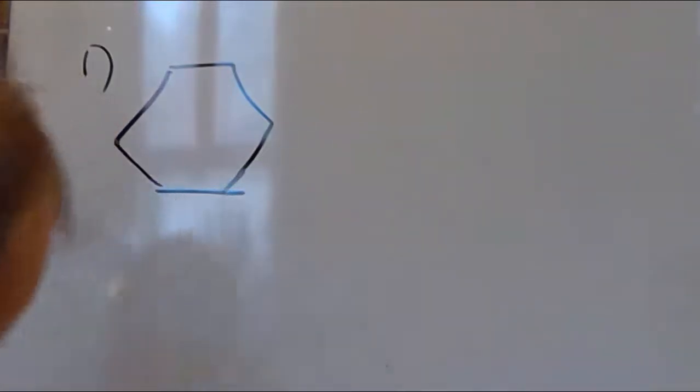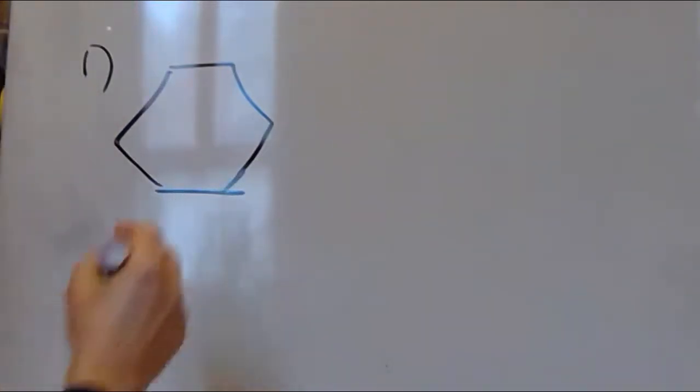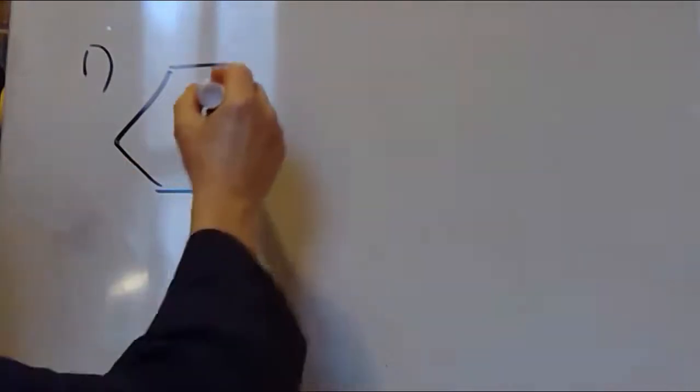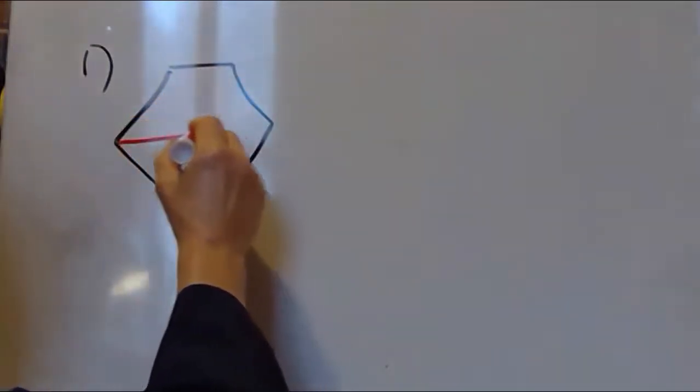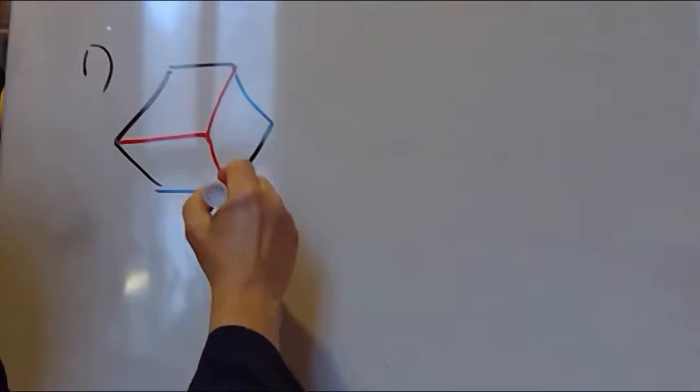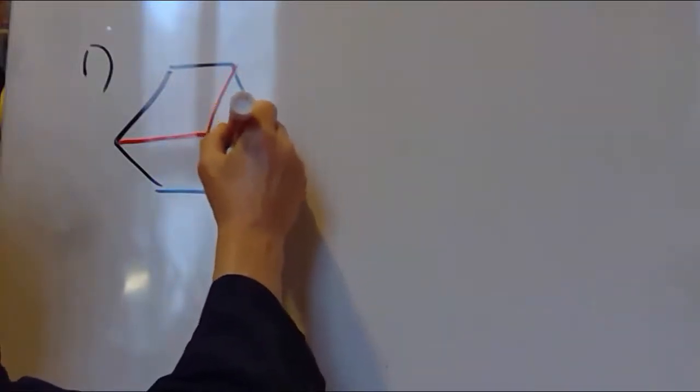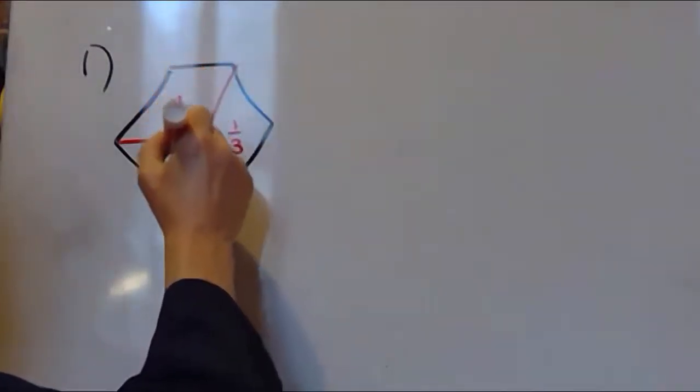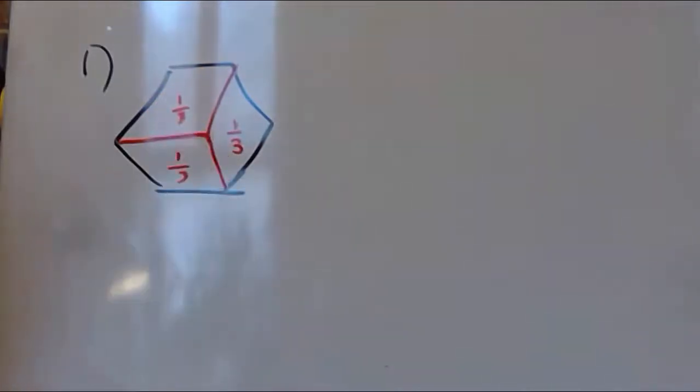So there's our hexagon, and we're going to break it up into thirds. To do that, we're going to do this, this, and this. So let's say this is 1/3, this is 1/3, and this is 1/3. So there's our whole hexagon, and each is 1/3.